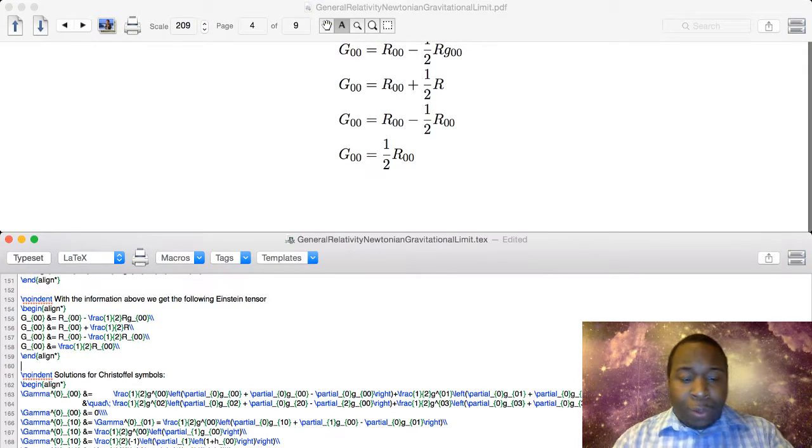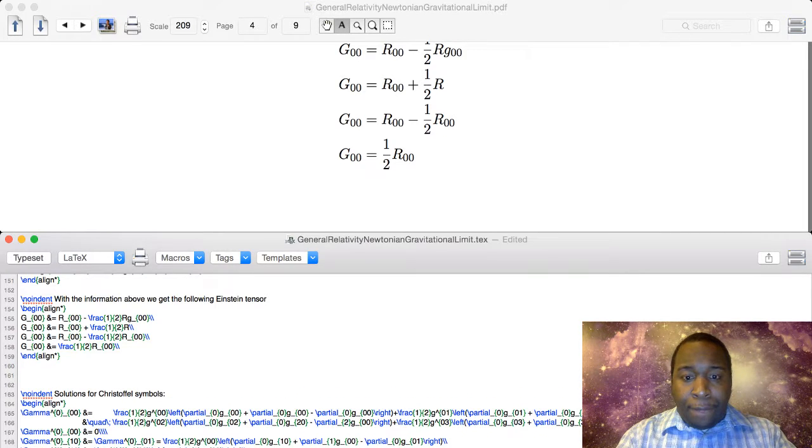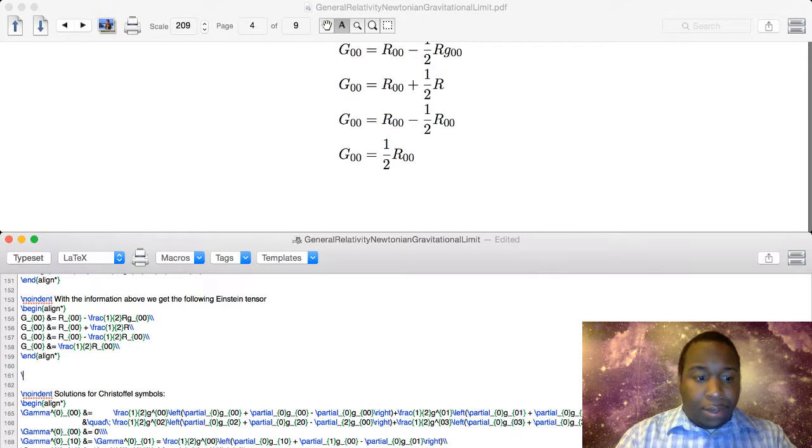And so let's relate this now to the right-hand side of the equation that has the stress energy tensor. So we're essentially going to get, let's see, no indent.